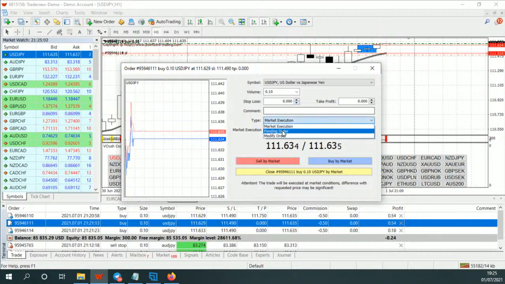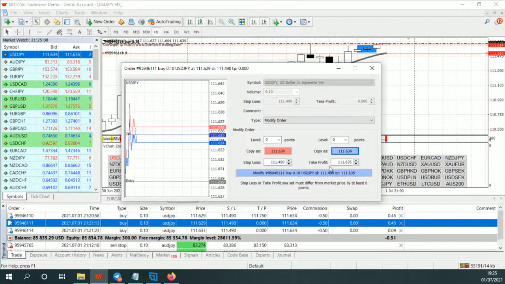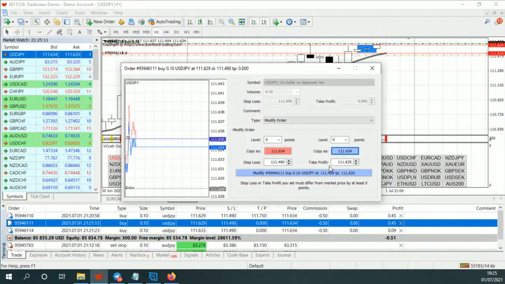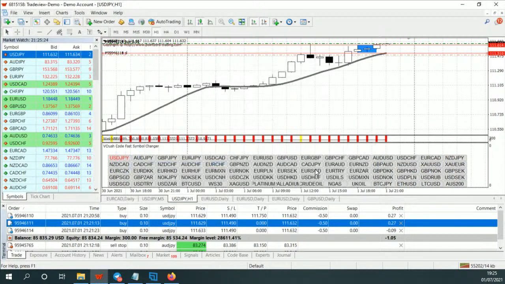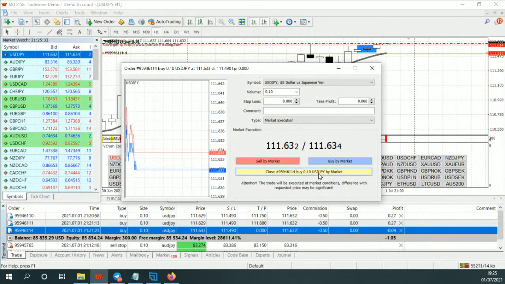So pending order, modify order. So what is that? 62 plus 26 gives you 88. So 111.88. That is your second take profit target. And the last take profit target will be 13 times 3, which is 39.